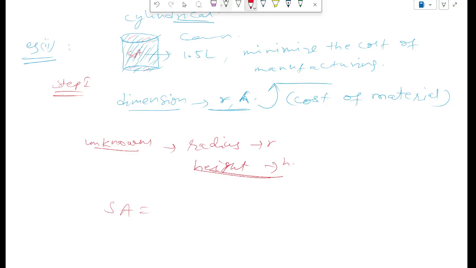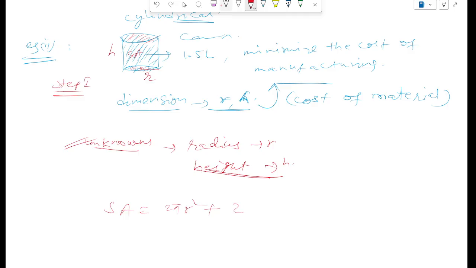So the surface area of this can will become, there are two circles, one at the bottom and one at the top, so 2 pi r square. Let's say we have r as the radius and h as the height, which is what we assumed here. So surface area will become 2 pi r square for the 2 circles, and one curved surface.